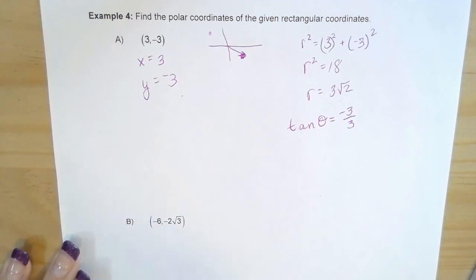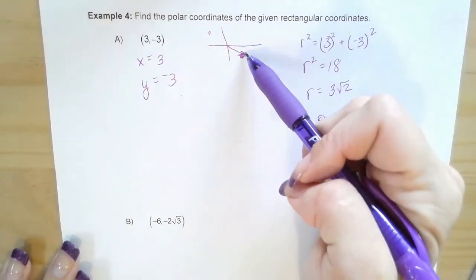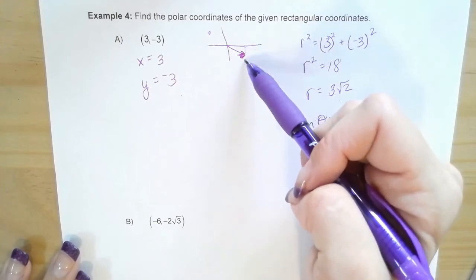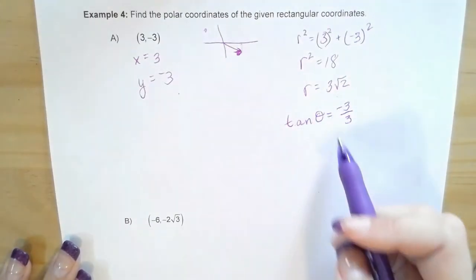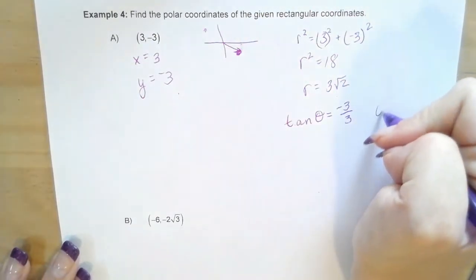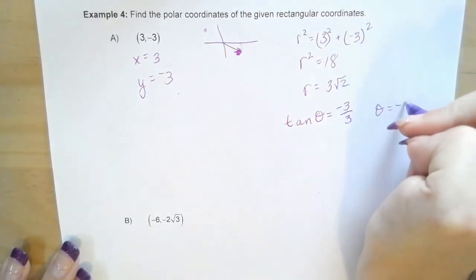Alright, well, think of this. What is this degree right here? We're going clockwise, and since they are the same, right, 1, that means it's the 45. So theta is negative 45.